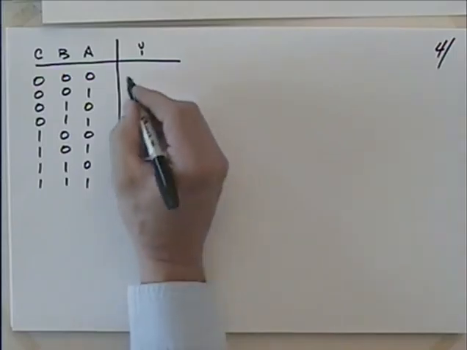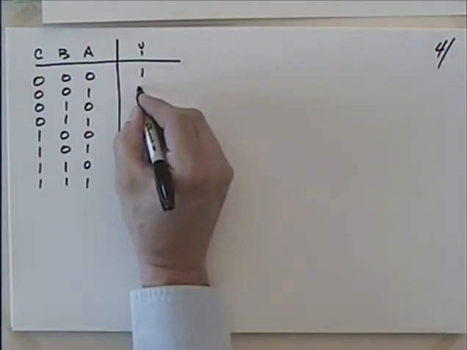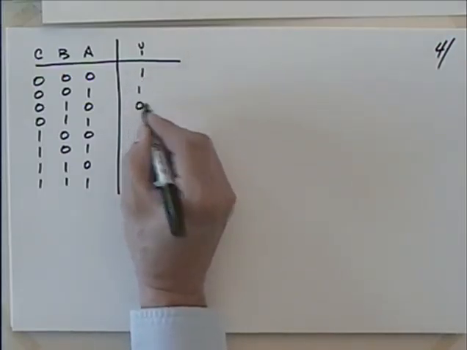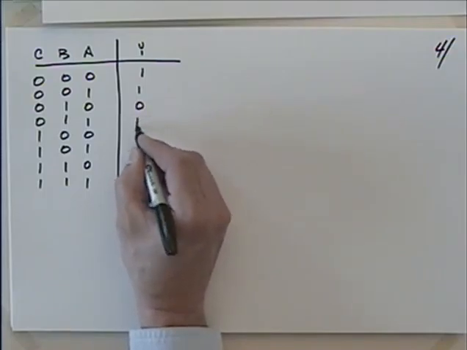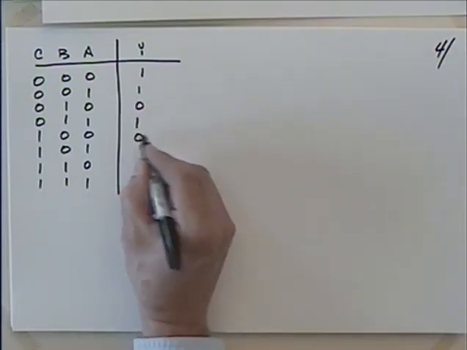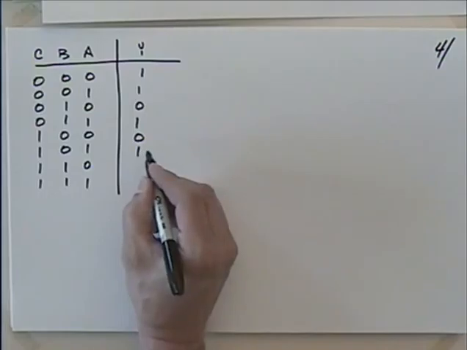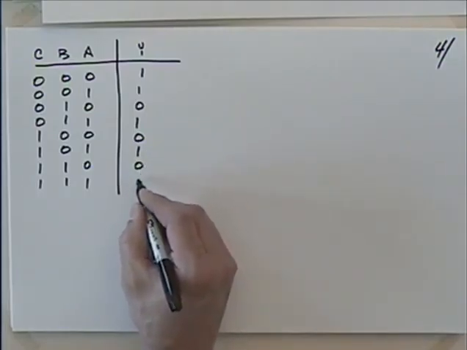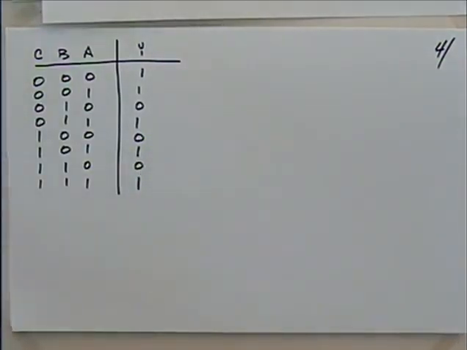And let's see, we had a 1, a 1, a 0, a 1, a 0, a 1, 0, and a 1.